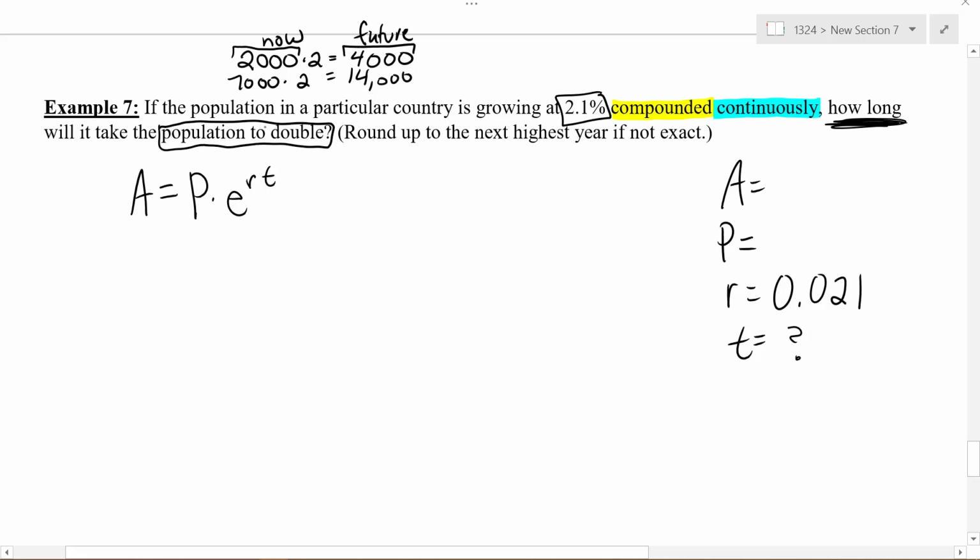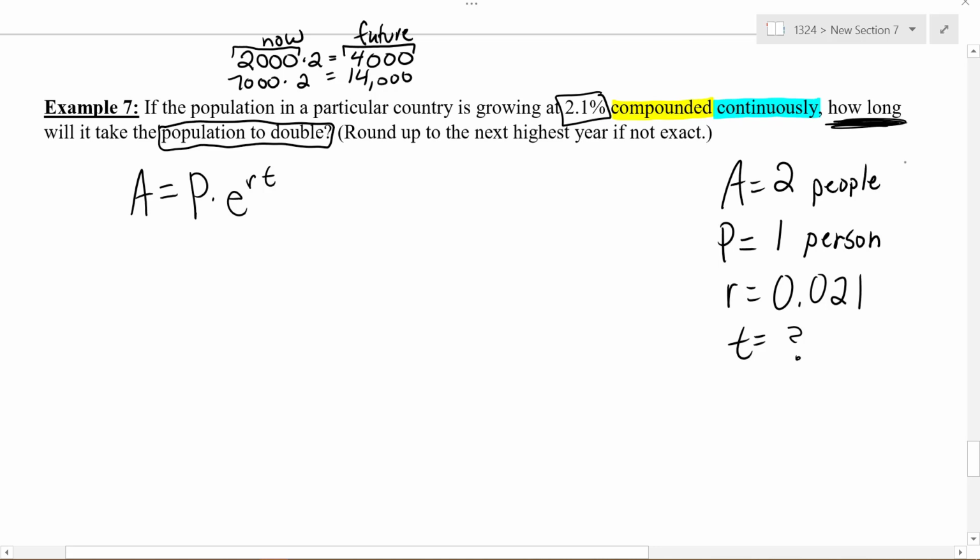So we're not told what the current population is or what it is in the future. So really what we want to know for the population to double is for every one person now, how long it'll take one person to become 2 people.